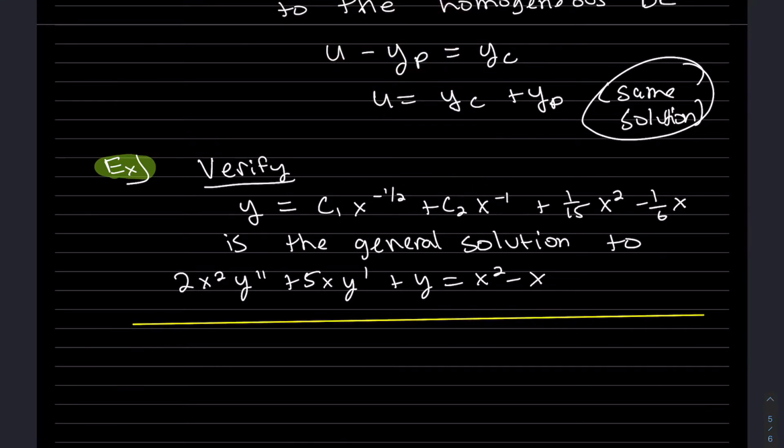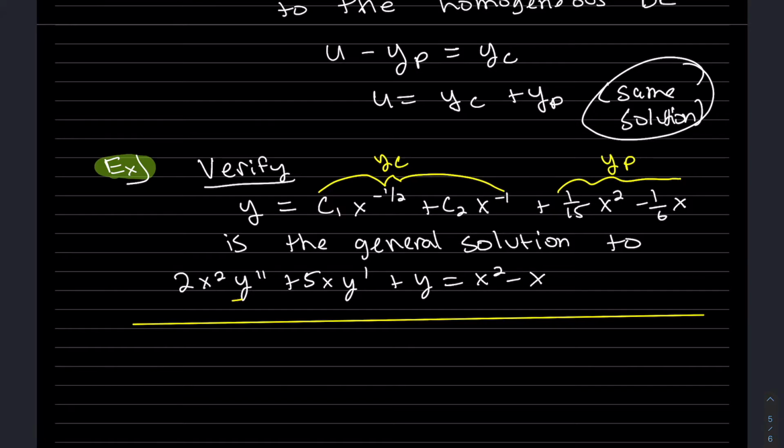Okay, so we want to verify that this is the general solution to this DE. I think this is a good problem because it helps us see these c's, the arbitrary constants. This is my yc, and this is a particular solution, we call that yp. We can't just take this and take the first and second derivatives and plug it in, because that doesn't prove that it's a general solution.